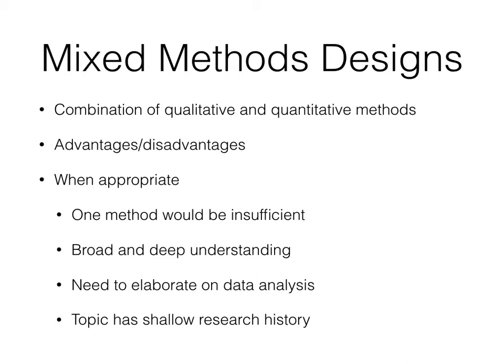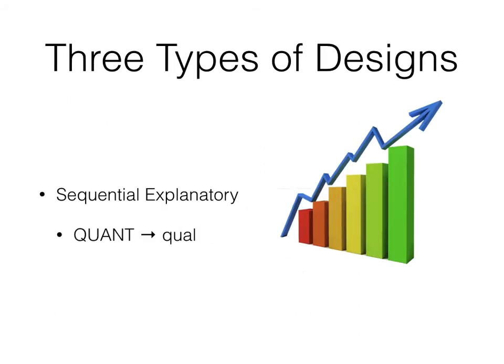Mixed methods are also really, really good when the topic has a very shallow research history, when we don't know much about an area. And you will see more and more doc students who are doing mixed methods dissertations because they're heading into areas of research that really there isn't a lot known about.